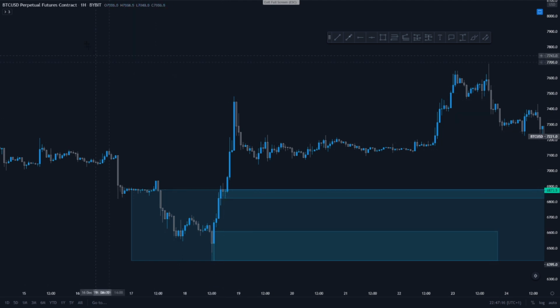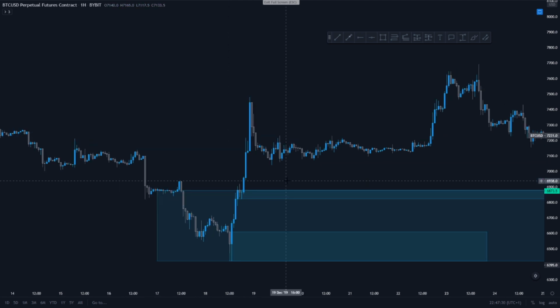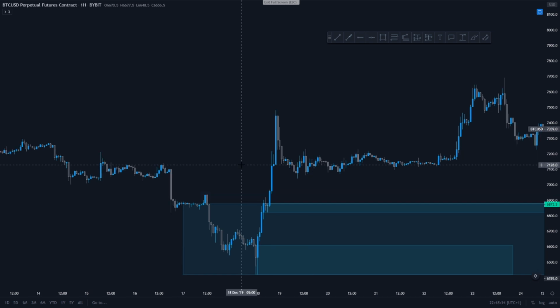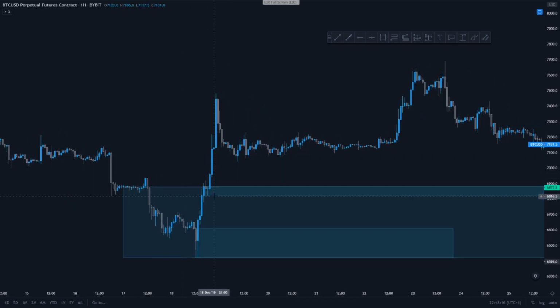But because this is a 1 hour time frame, we have to keep one thing in mind: a 1 hour zone is good for a certain time frame. There are certain rules, because supply and demand zones have to be fresh. So when we have a 1 hour zone, we consider that zone important for a time frame of around 30 days.